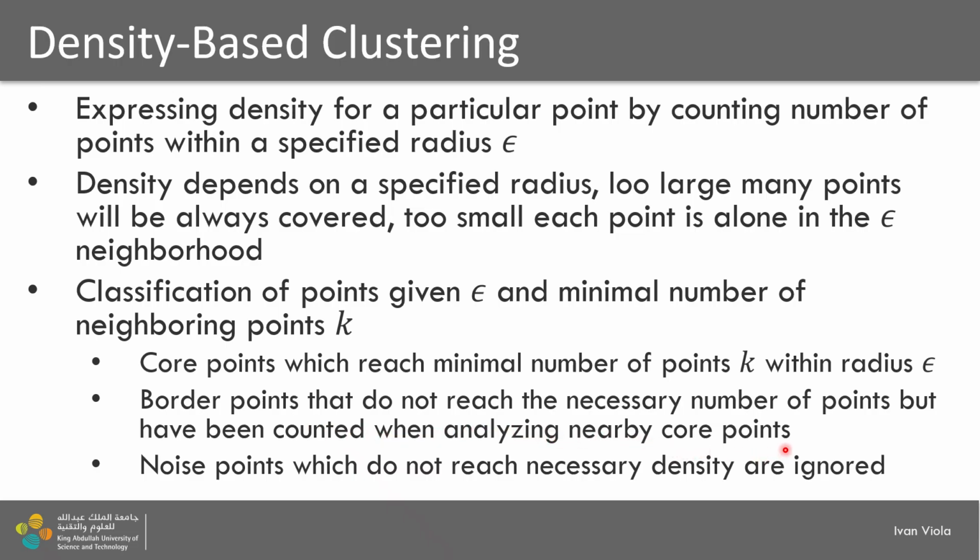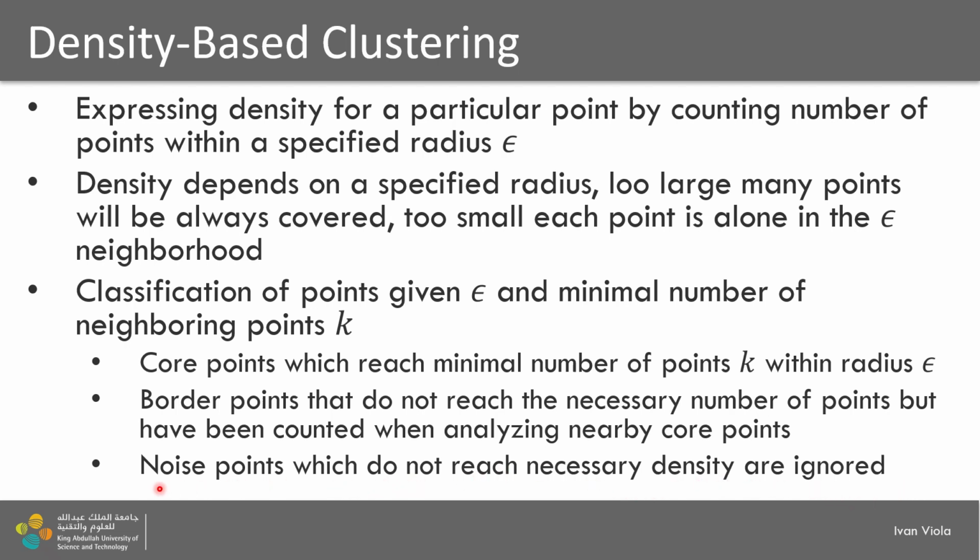So we take each point within our data as either a core point, a border point, or a noise point, which does not reach the necessary density threshold of k neighbors within its epsilon neighborhood, and these noise points will be ignored in our clustering approach.